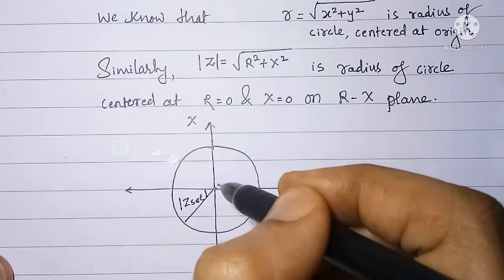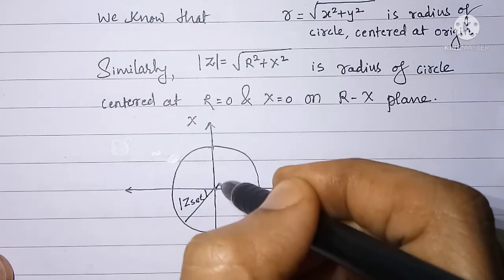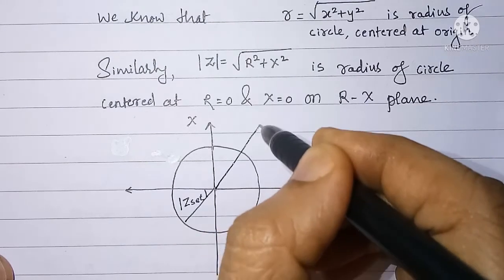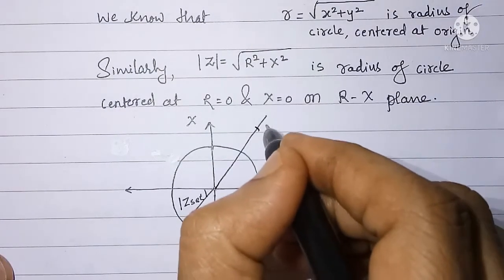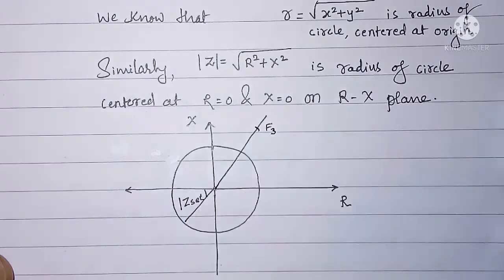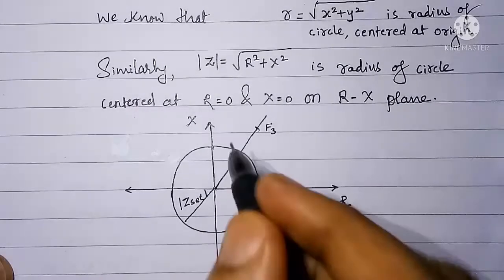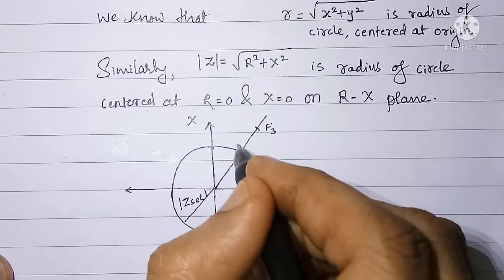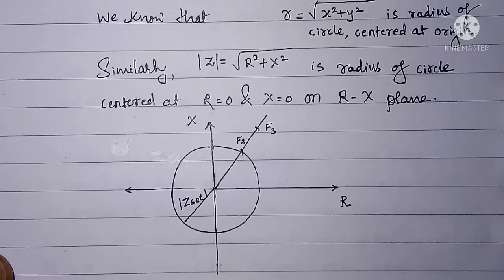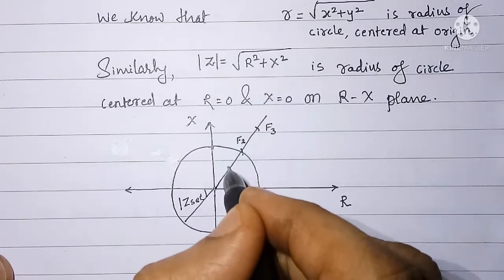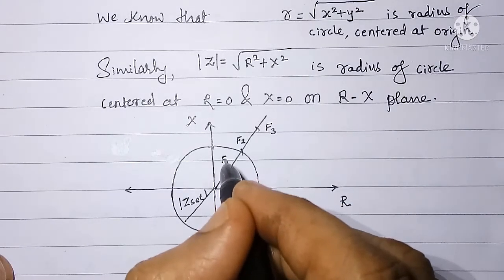If the fault characteristic is a straight line passing through origin, F3 is outside the Z set, F2 is on the border, that is at Z set, and F1 is inside the circle.